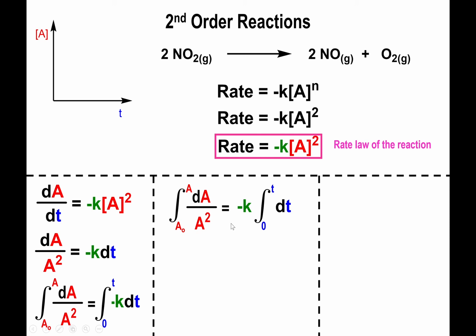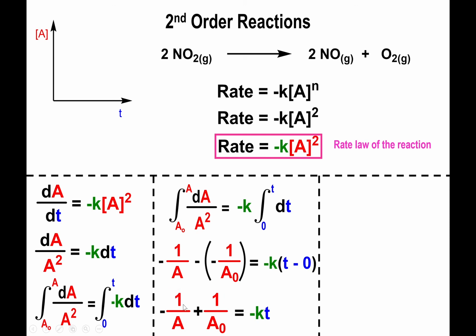Basically, for the case where you have 1 over A squared, the integral is negative 1 over A. And so you have negative 1 over A final minus negative 1 over A initial, and that equals negative k times time minus 0, which ultimately means that negative 1 over A final plus 1 over A initial equals negative kt. If we rearrange this such that 1 over A final is positive, we multiply everything by negative 1 in this equation.